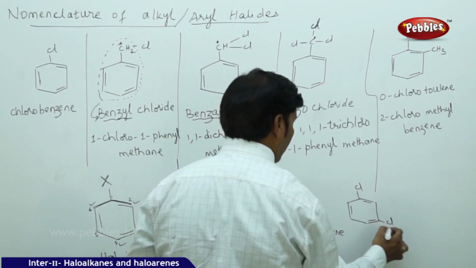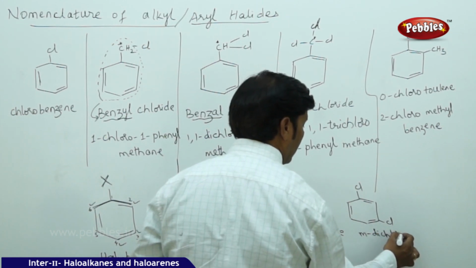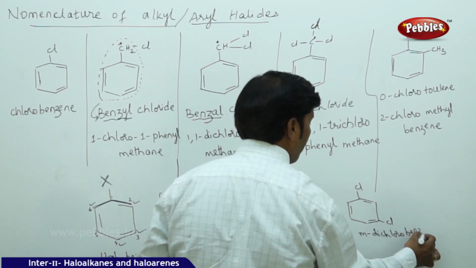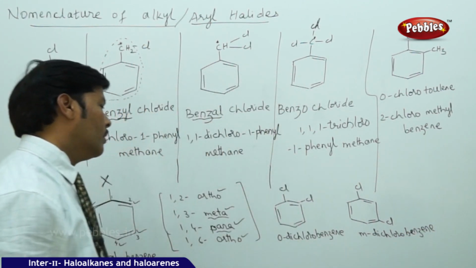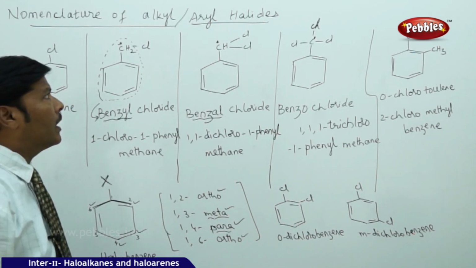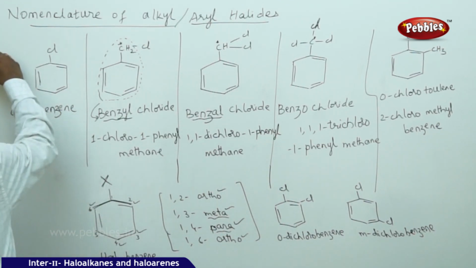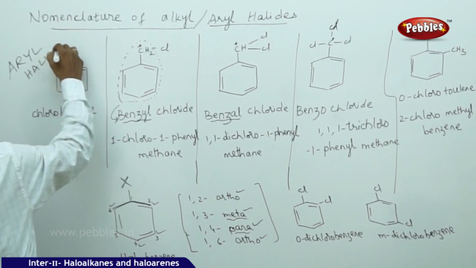That is meta dichlorobenzene, and so on. So this is the simple nomenclature of the aryl halides. All this comes under the aryl halides nomenclature.